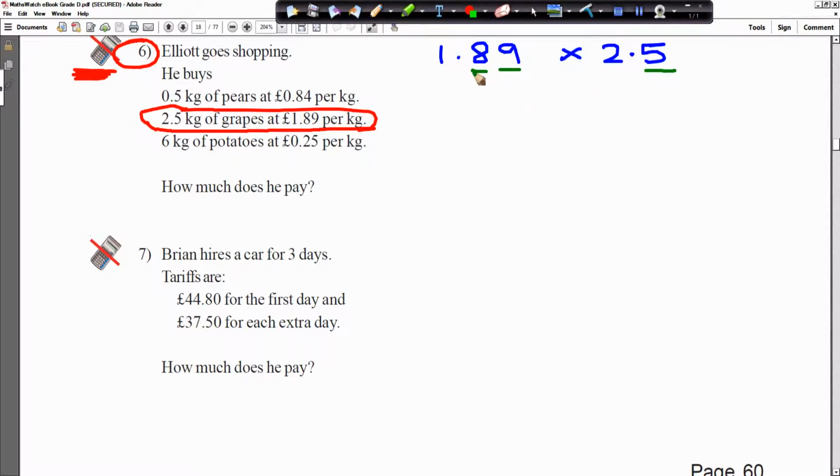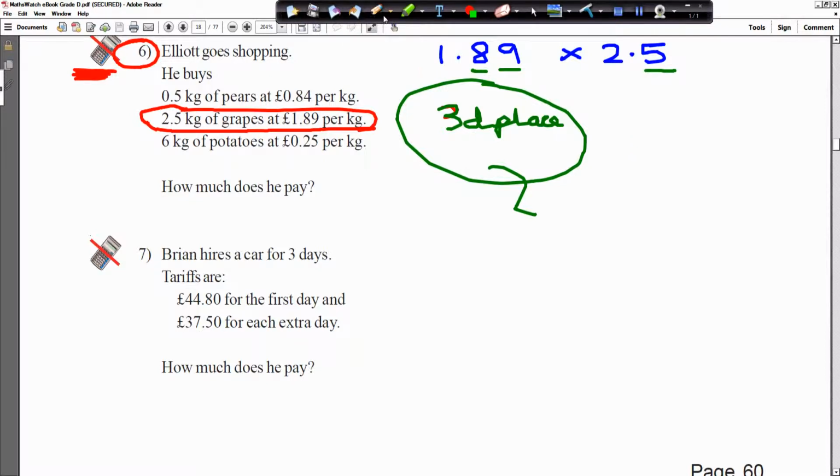So in the first number, we have 2 decimal places. In the second number, we have 1 decimal place. Decimal places are all the numbers after the decimal point. So how many decimal places did we count? 3. 1, 2, 3. So I'm going to make a statement now. We have 3 decimal places in our question.